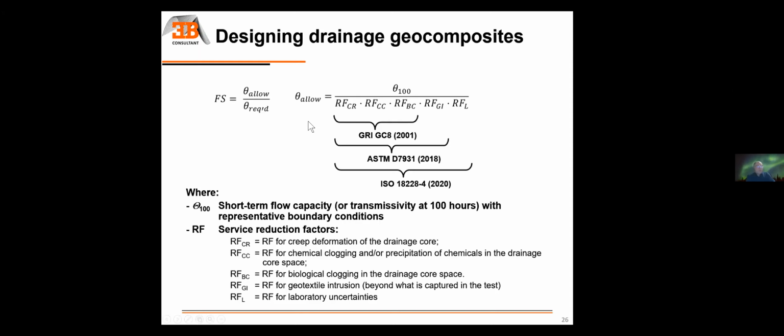GRI means Geosynthetic Research Institute, and it was eventually renamed the Geosynthetic Institute. Then all these reduction factors plus geotextile intrusion were republished in D7931, and eventually the latest ISO standard incorporated another factor for laboratory uncertainties.